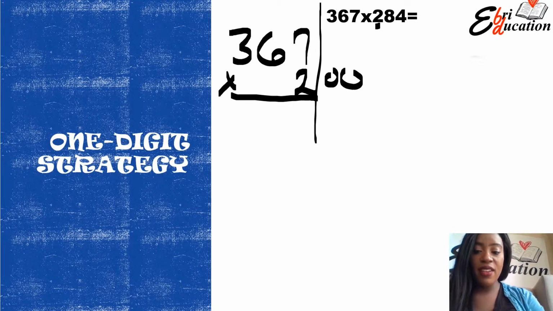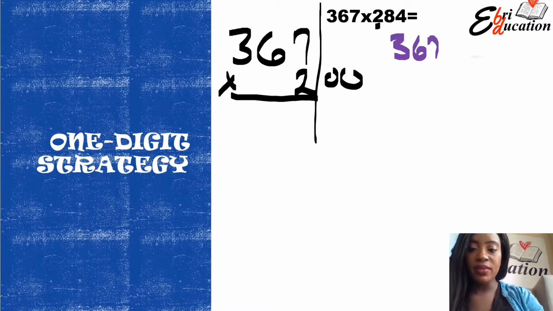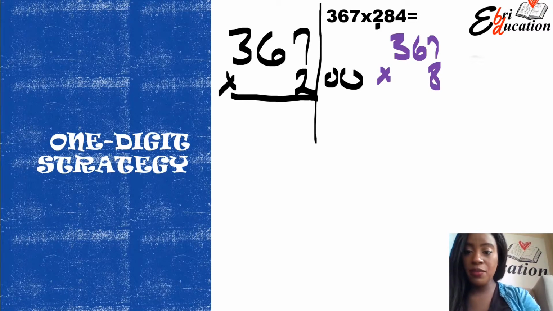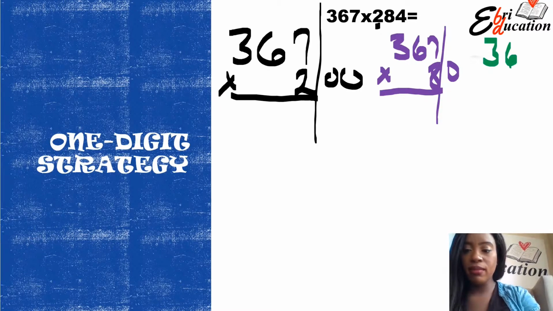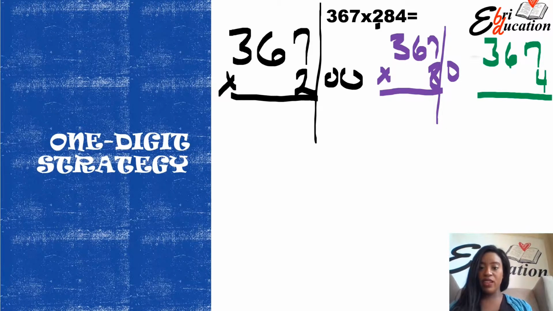Then we're going to have 367 times, and instead of writing 8, that's really an 80, so I put the 8 in the ones place. I'm going to draw a line right there. Lastly, 367 times 4. So technically you're doing 367 times 200, 80, and 4.